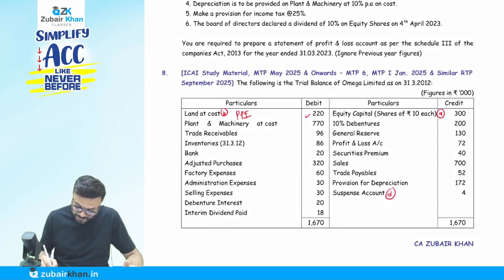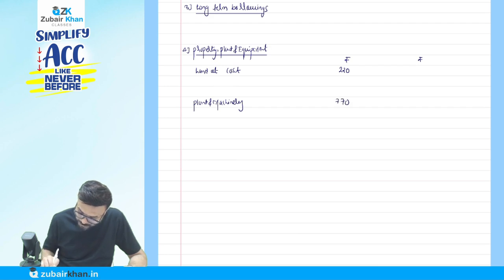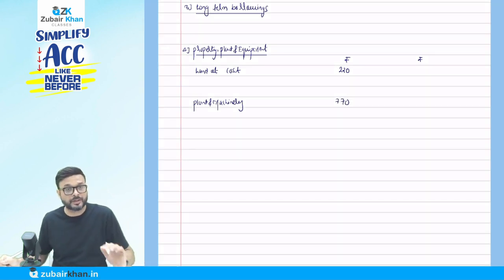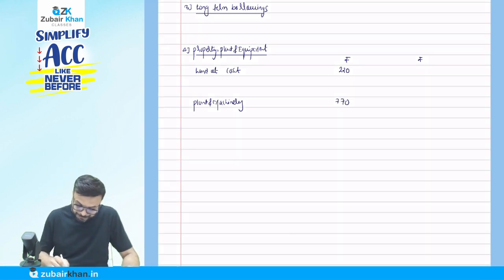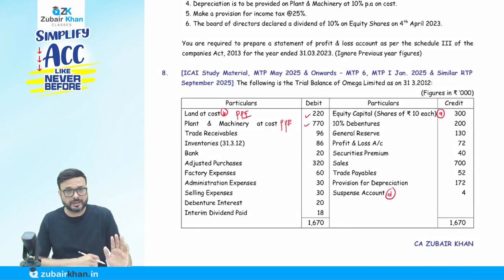Then we have plant and machinery, 770. Write it down in the inner column because there are some adjustments. This is also PPE. Plant and machinery is at the original cost.